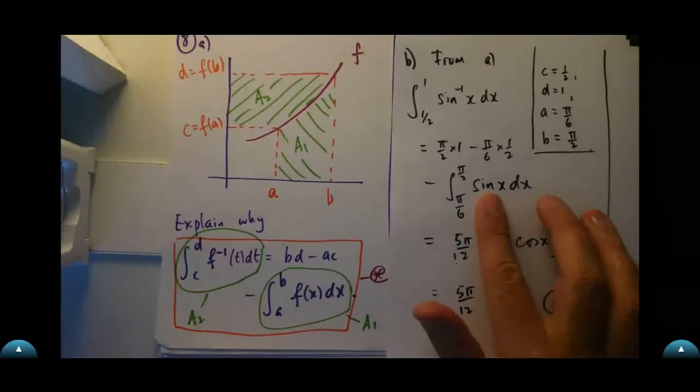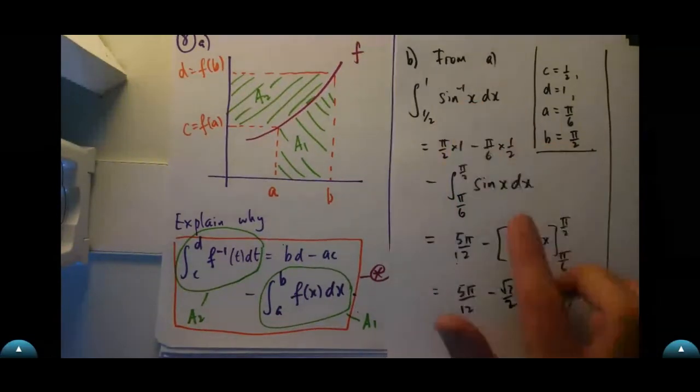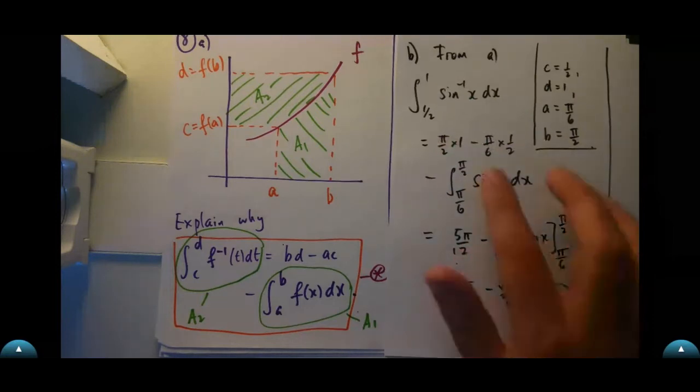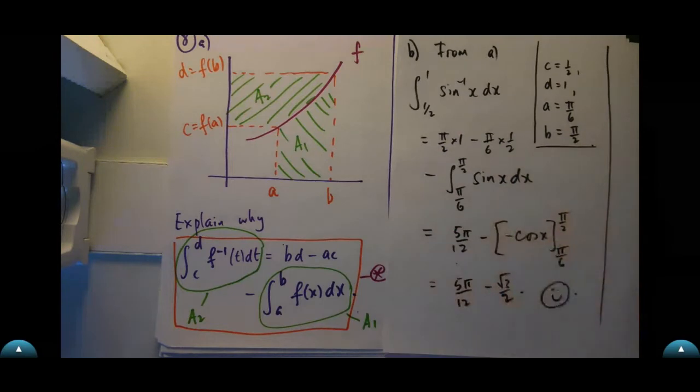It's easy to integrate sine, not so easy to integrate sine inverse. So let's do that. You can work this out to get this, and you can integrate sine to get that, and so you'll get that.